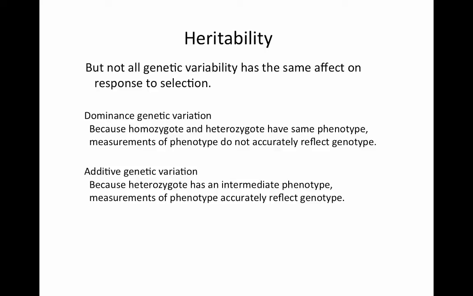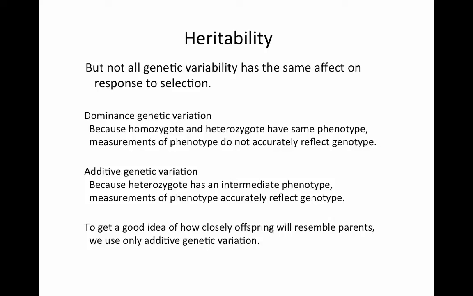So you can go and measure the phenotypes in the population and have that give you a good estimate of the actual genetic variability in that population. To get a good idea of how closely offspring will resemble parents, that relationship between phenotypic variation and genetic variation, we use only additive genetic variation.